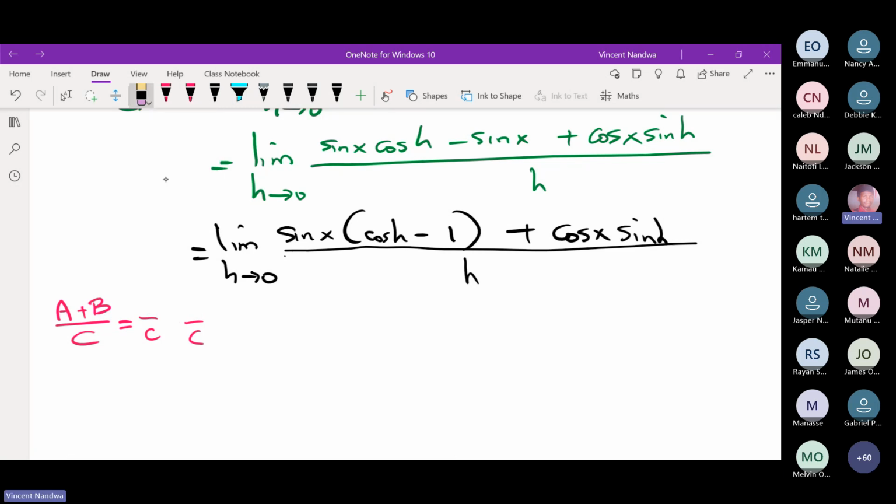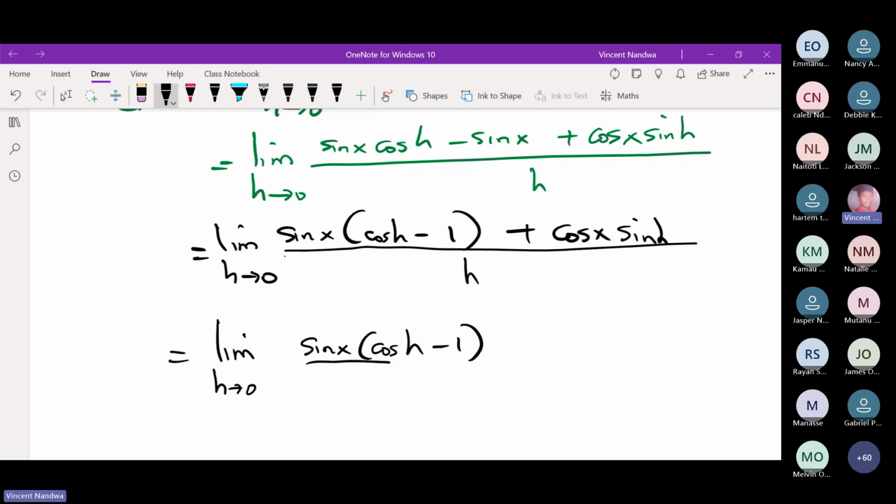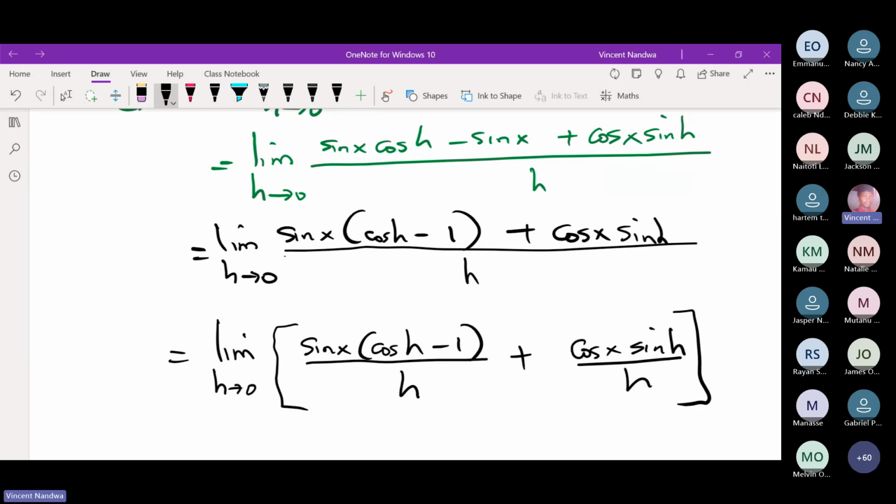Then we can rewrite this limit as the limit as h approaches 0 of sine x into cos h minus 1 divided by h plus cos x sine h divided by h, all in brackets. There's no miracle you have performed. You're just playing with this algebraic expression, this fraction.